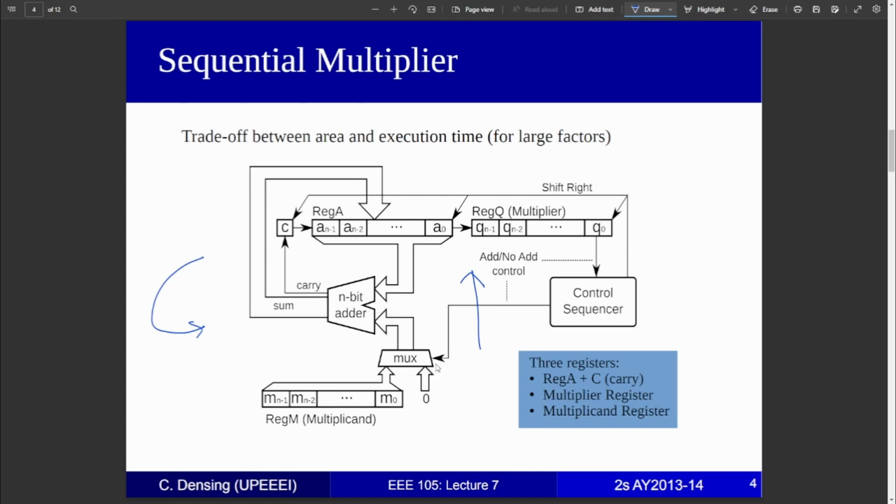You can do this to reduce the area of the circuit, but basically it's still a sequence of shifting and then adding and then shifting and then adding depending on the value of the multiplicand. So you can just stare at this for a bit more and pause the video if you want to try to figure out how it works. But it works in basically the same principle.